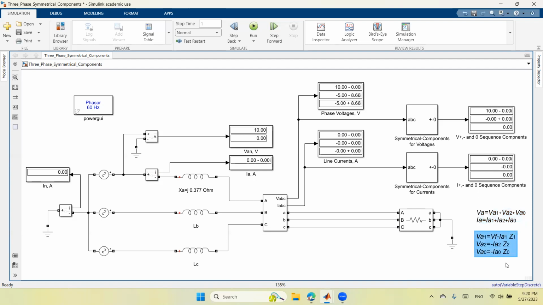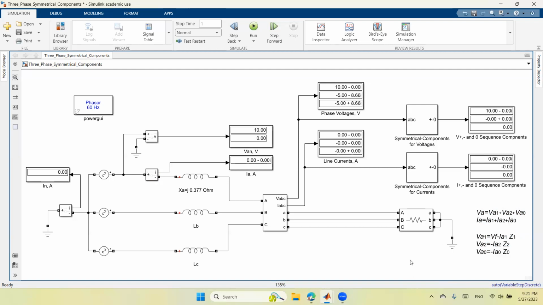And we know from KVL for the symmetrical networks that VA1 is equal to VF minus IA1 Z1, VA2 is equal to negative IA2 Z2, and VA0 is equal to negative IA0 Z0. And of course, it is Z0 plus 3 times the neutral impedance, that we don't have in this model, so this is why I'm not indicating it here.